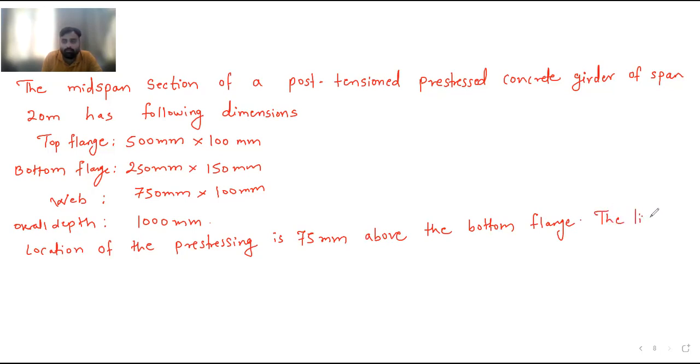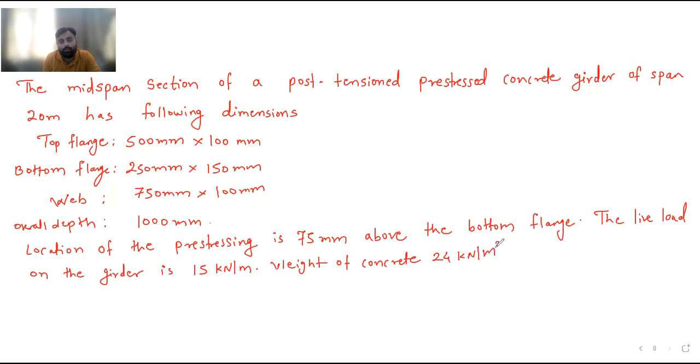The live load on the girder is 15 kilonewton per meter. Weight of concrete 24 kilonewton per meter cube.